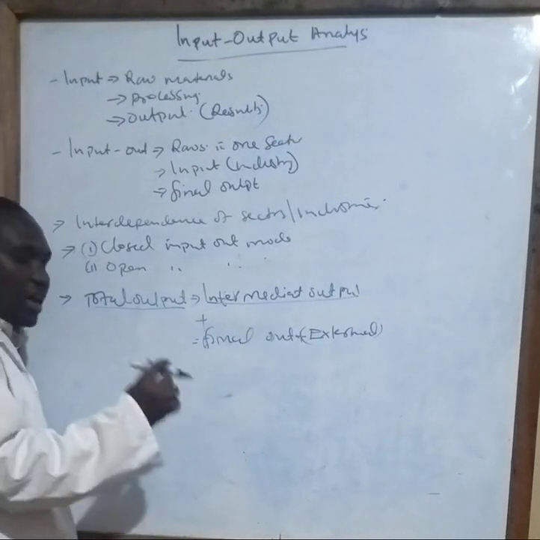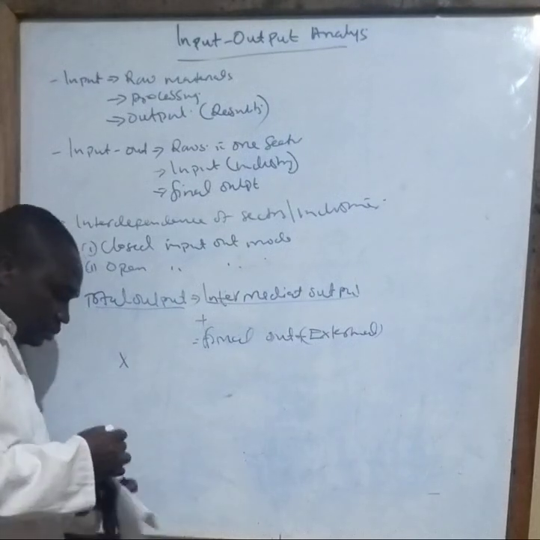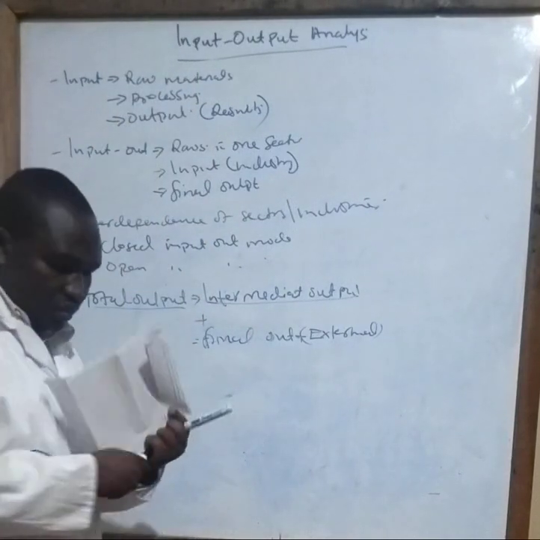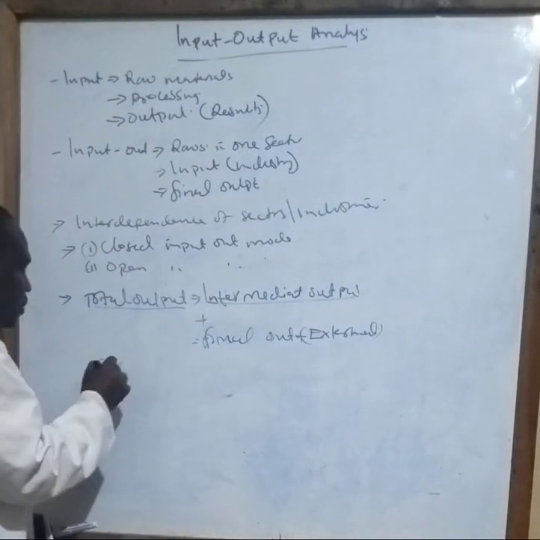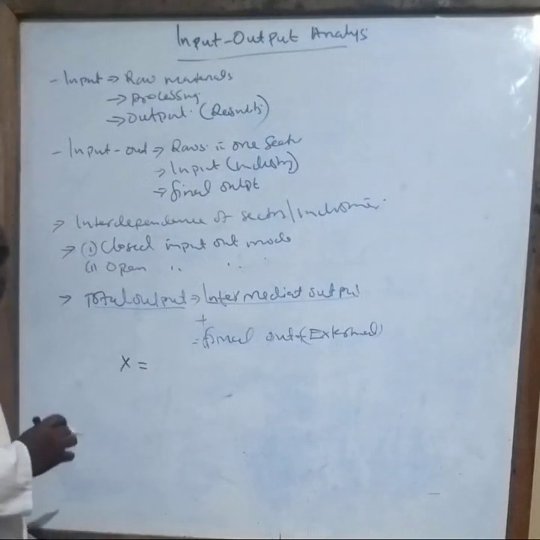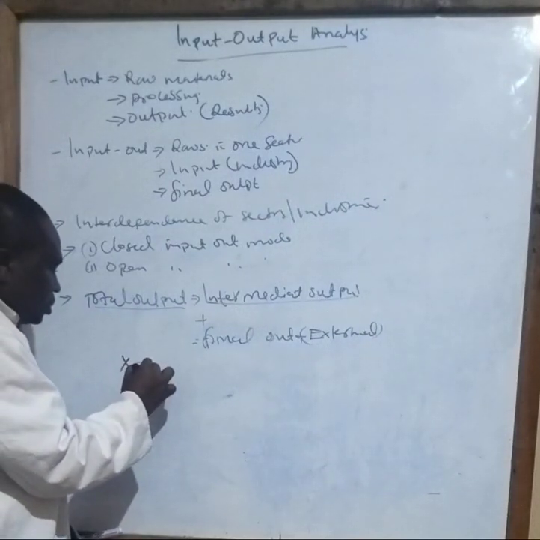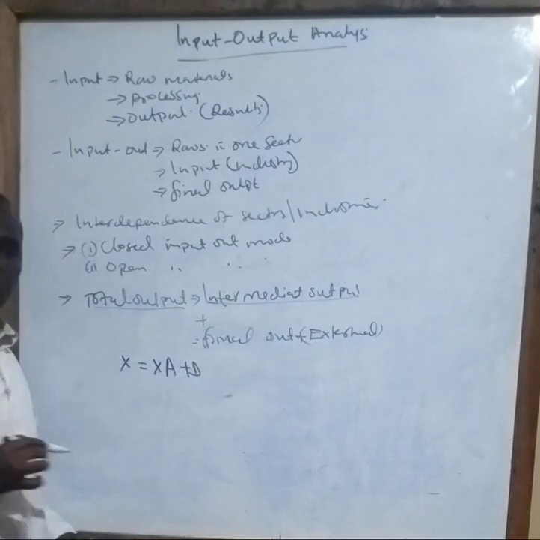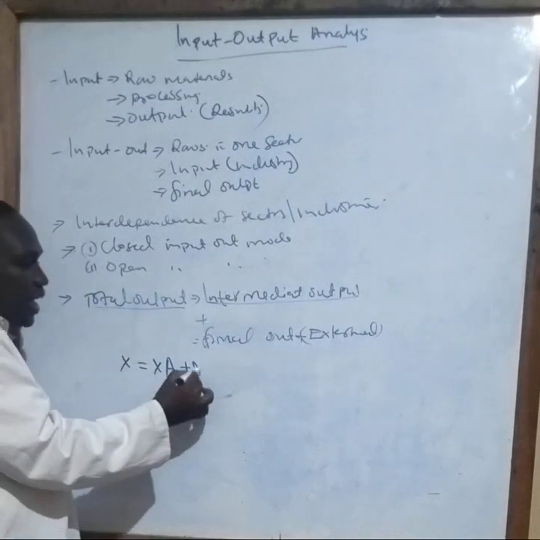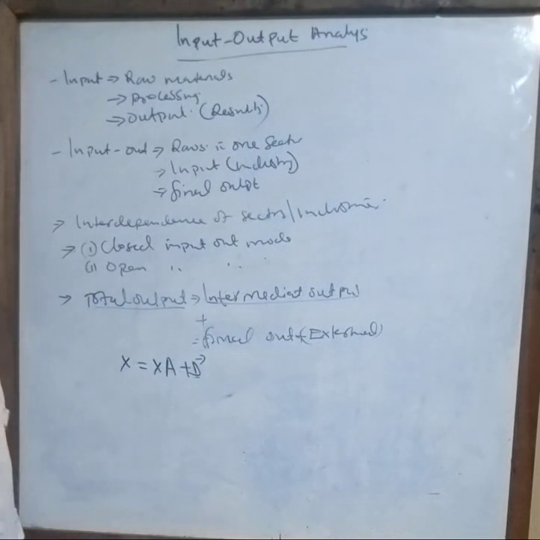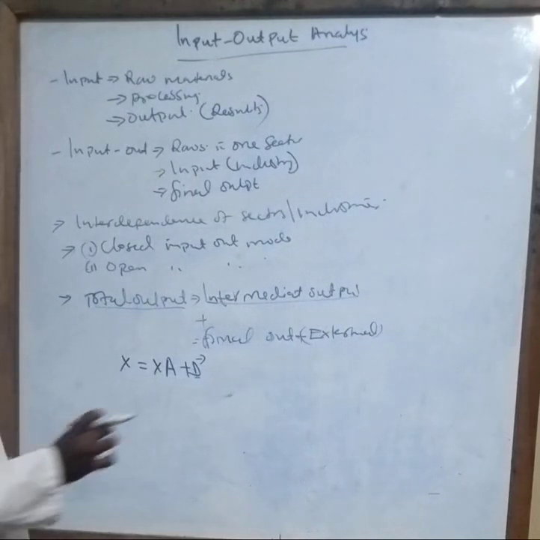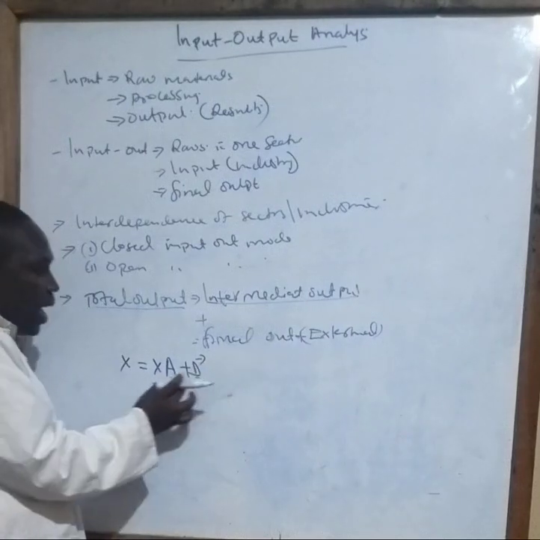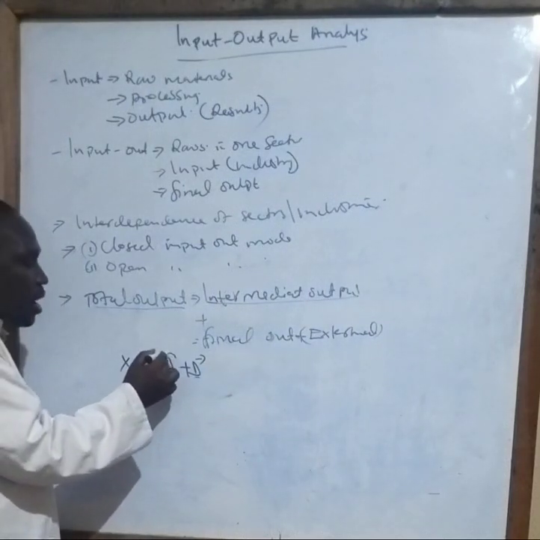And in simple terms, we can say total X is given by A times X plus D. I want to demonstrate what it means. D here refers to the final output or a final consumer. This is the amount of output that can be consumed by external. And A here is the matrix.